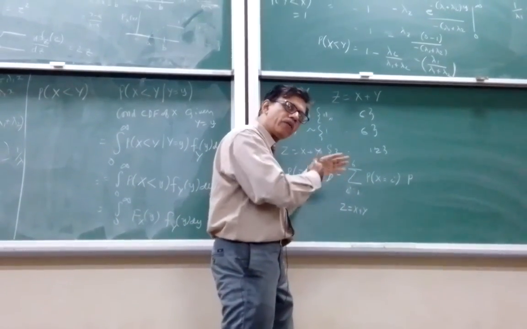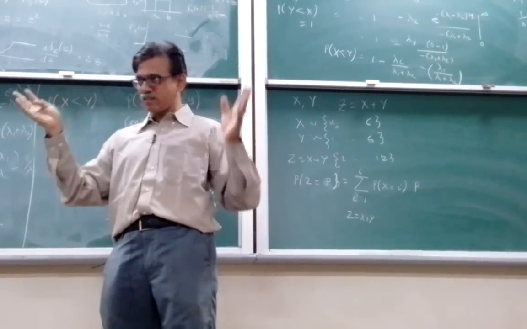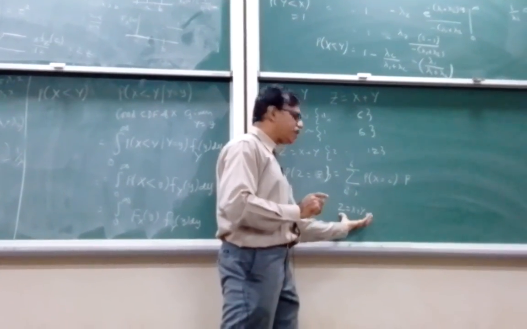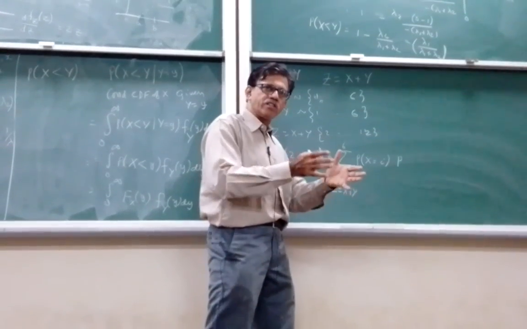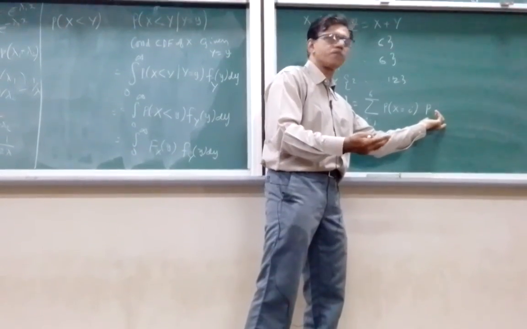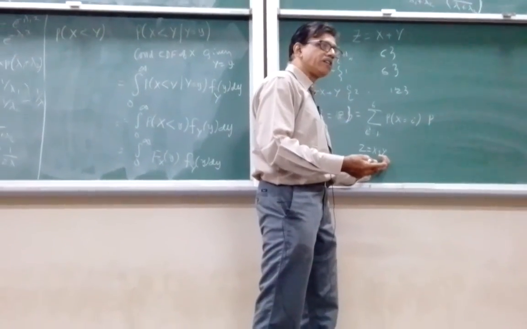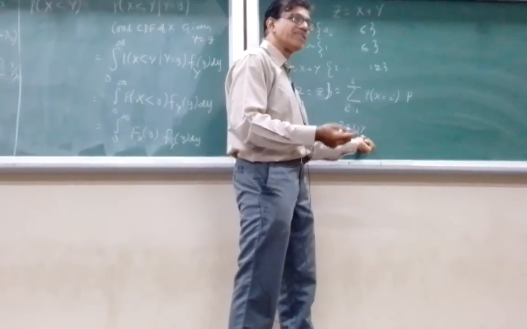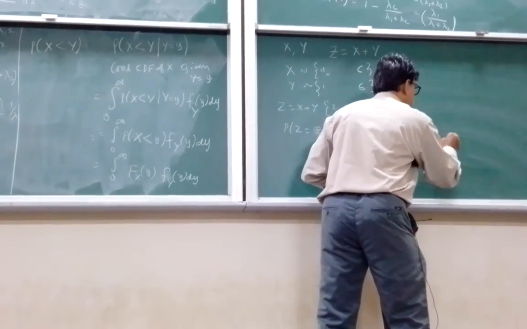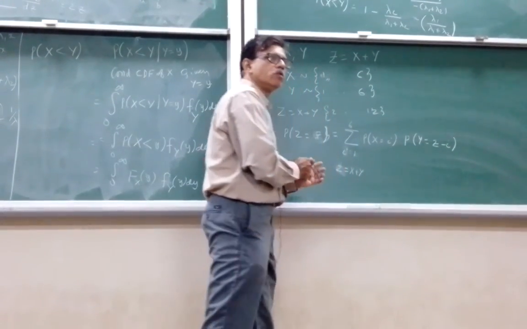You have to sum it over the entire joint PMF of x and y, but this condition has to be obeyed. With this restriction, you do it. And they are independent, that is why I am factorizing it right now. So x can take any value, but to obey this condition, y should take the value z minus i, for the given value small z.